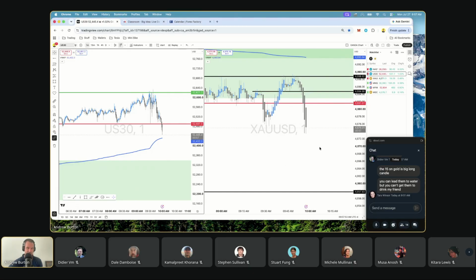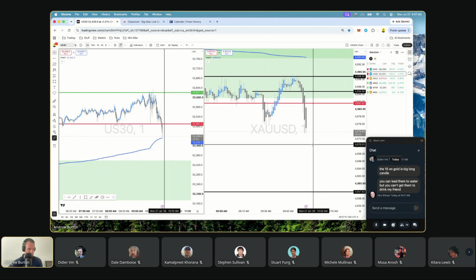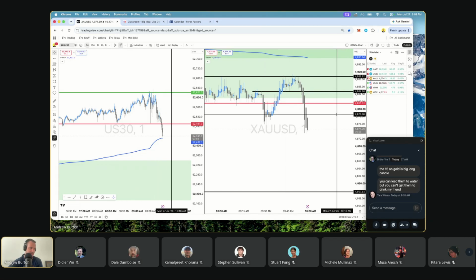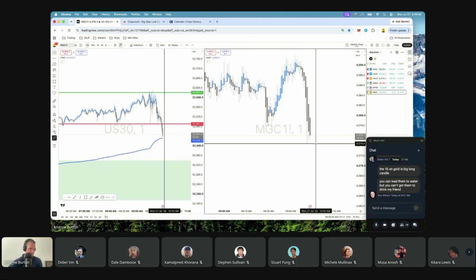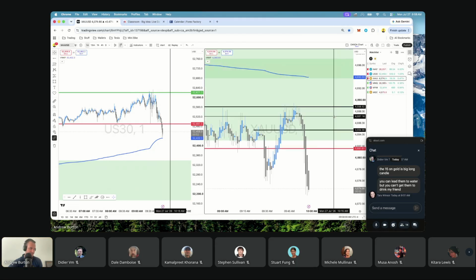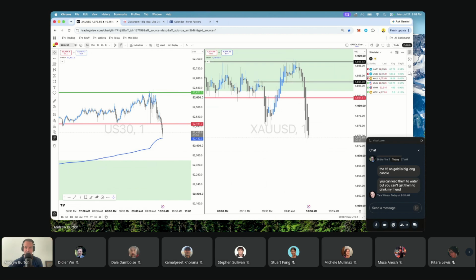And my MGC and my gold chart is separated. That sucks. So this one would have hit my take profit. My MGC chart hasn't hit my take profit. That sucks. See this bottom wick here? I hate it when it does that. Oh, there. Now it's hit it.